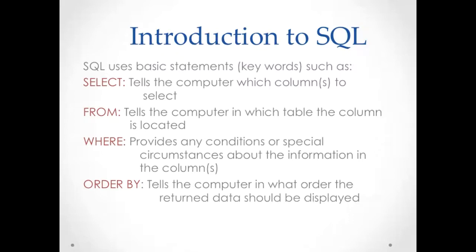So I'm going to say select a certain number of columns from a table where the people have blue hair or where the patient number is above 80. And then I might have them order the results. Order by orders the results you see. It doesn't order the data in the database, because the data are stored however the database stores them. Order by is just what you see when you get the information back.